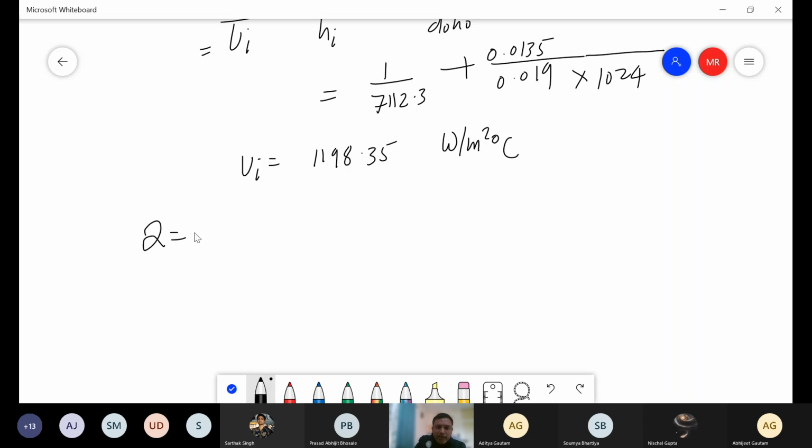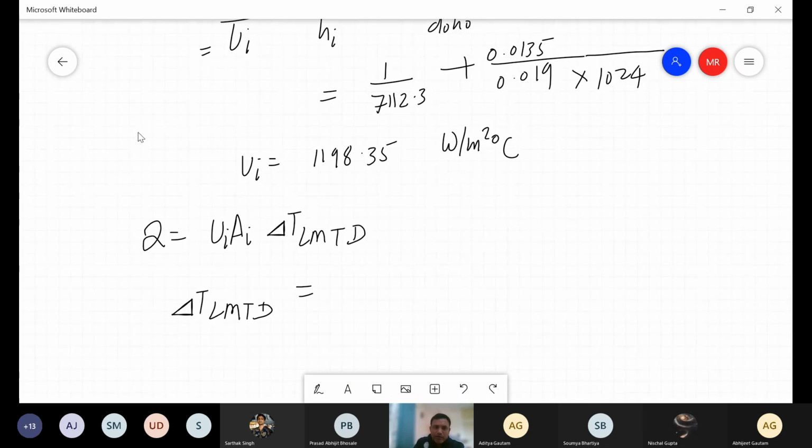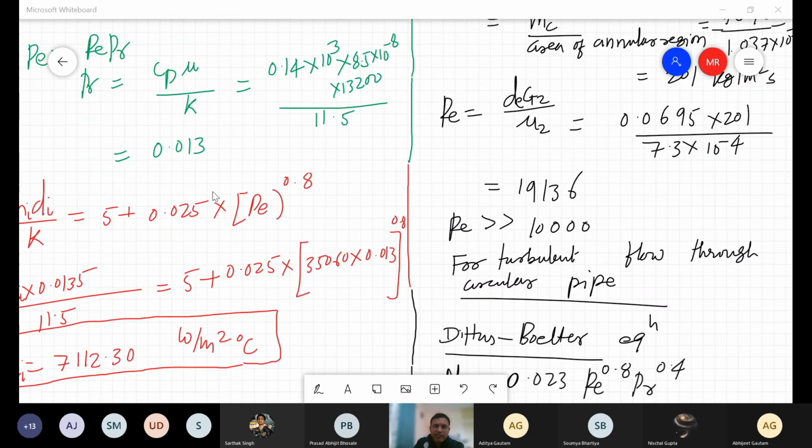Now Q is given as UI AI delta T LMTD. Now delta T LMTD will be what? What is the temperature difference? If you look at the problem, the two temperature differences are what?